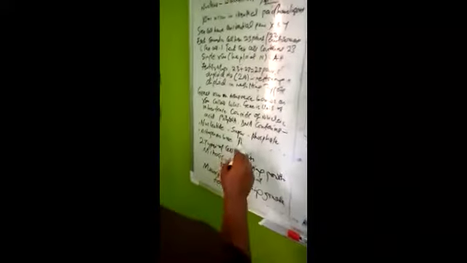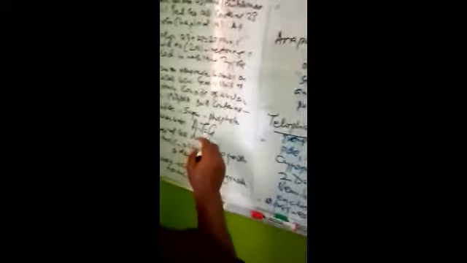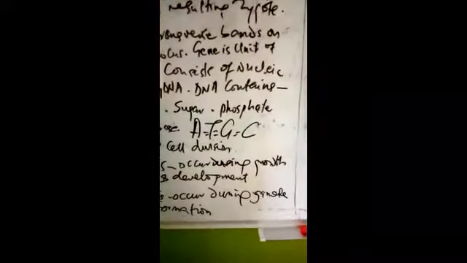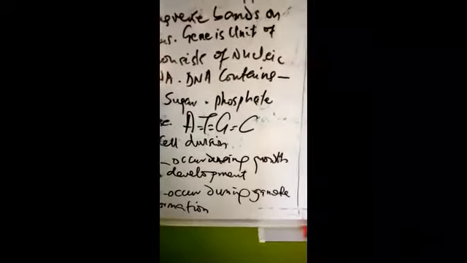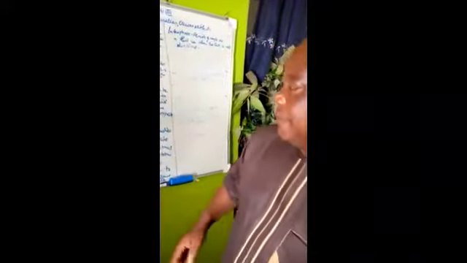This nitrogenous base can be adenine, thymine, guanine, or cytosine. When we were in school, we remembered it by saying at government college, ATGC. It gives you the abbreviation for you to remember it.